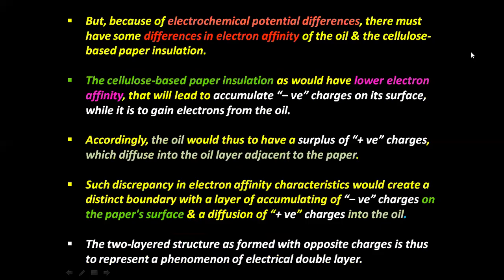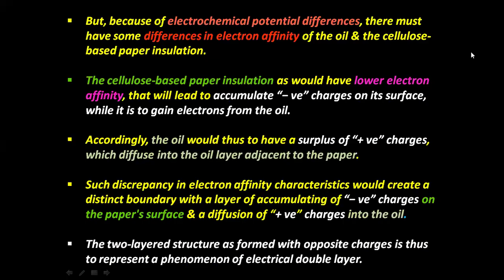The cellulose-based paper insulation has lower electron affinity, which leads to accumulation of negative charges on its surface while it gains electrons from the oil. Accordingly, the oil has a surplus of positive charges, which diffuse into the oil layer adjacent to the paper.